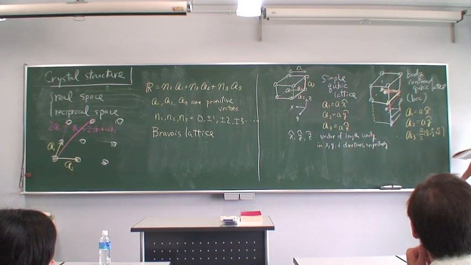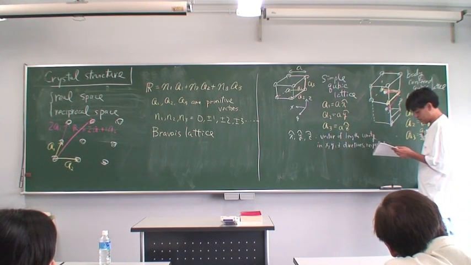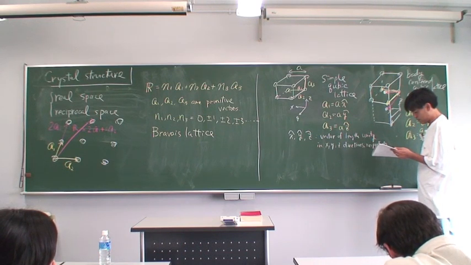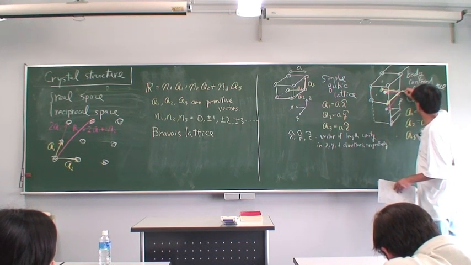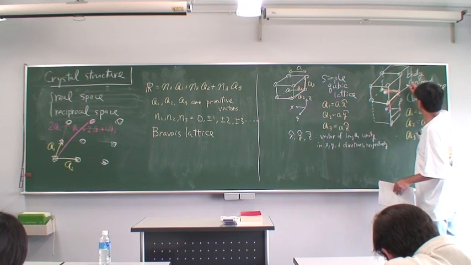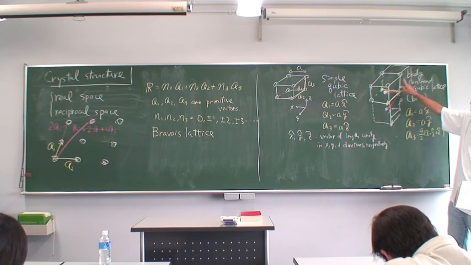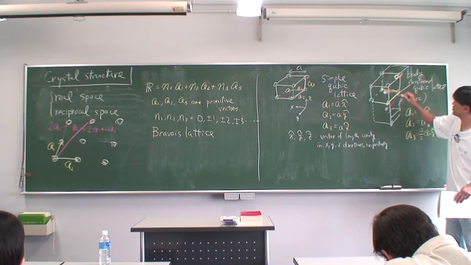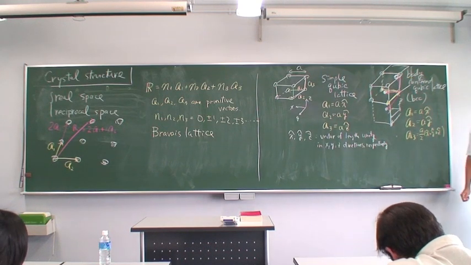Then I choose the other one as well. There's another atom in the center of the box in the direction minus y. So I choose another atom here. Hope you see what I'm doing.